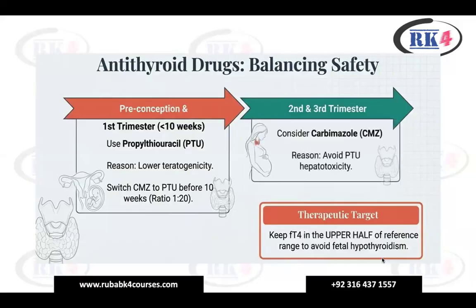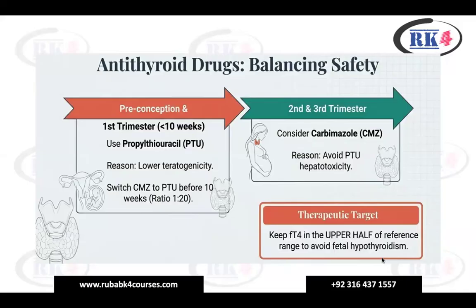And in the second and third trimester, we can shift her to carbimazole because propylthiouracil is associated with hepatotoxicity, and that is an exam question. Why do we shift her to carbimazole after the second trimester? Because of the risk of hepatotoxicity.